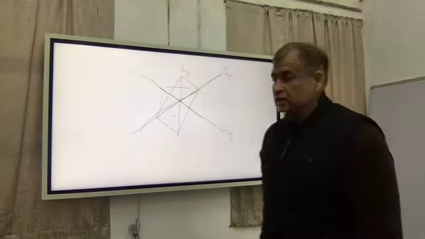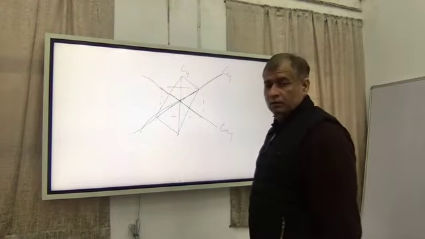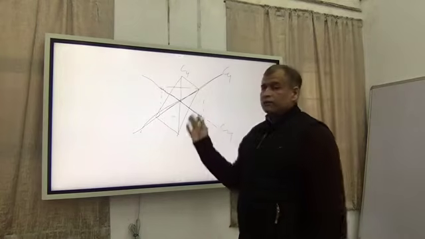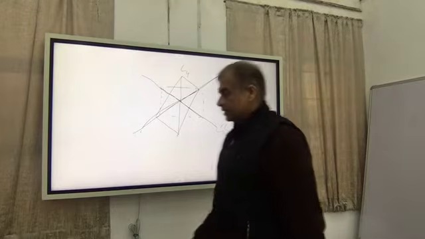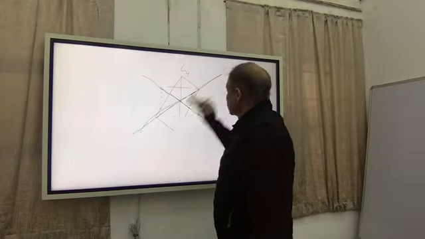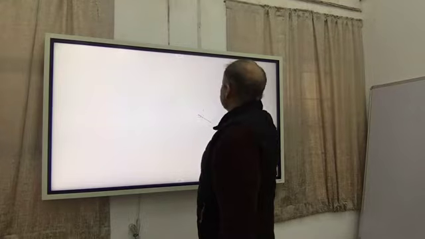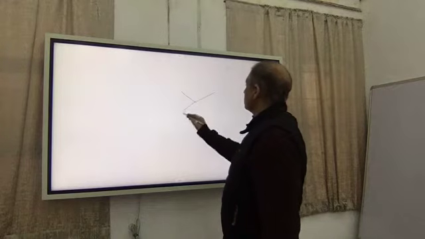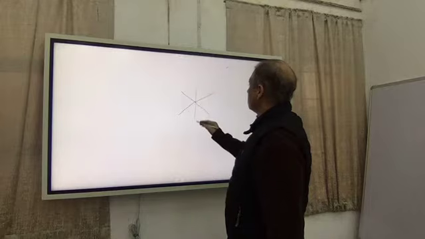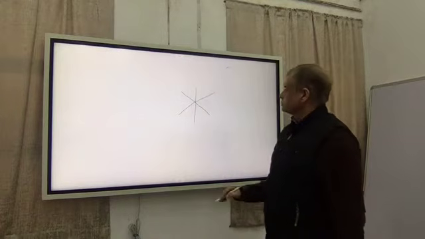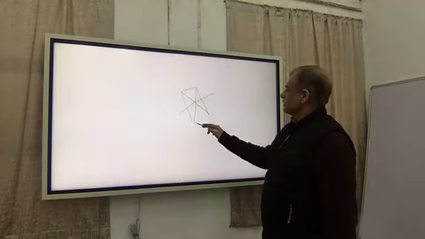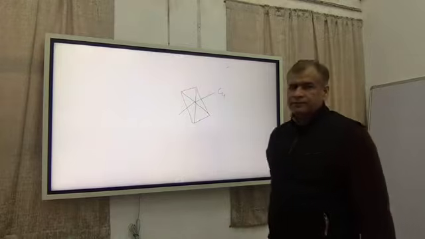I don't know whether there is an interruption or not, but anyway, there are 3 C4 axes in it, and basically any two trans bonds of the regular octahedron, for example, if I make a square like this, then this will become a C4 axis.